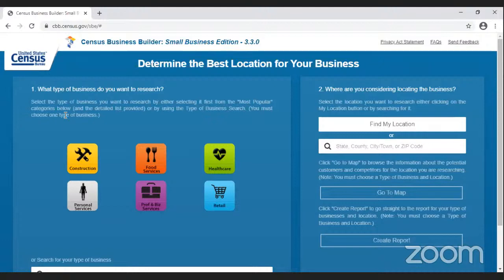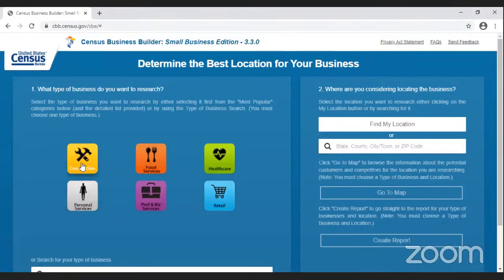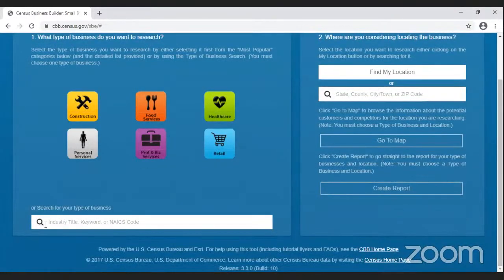The first step is to choose the business you want to research. There are basically 54 businesses underneath these 6 broad categories, and they put these 6 broad categories there because these are the most commonly opened businesses in the United States. If you don't see your business there, you can always scroll down and type your business in, a title, a keyword, a NAICS code.